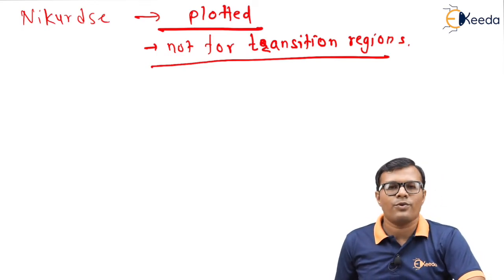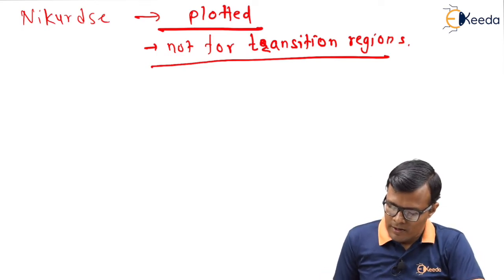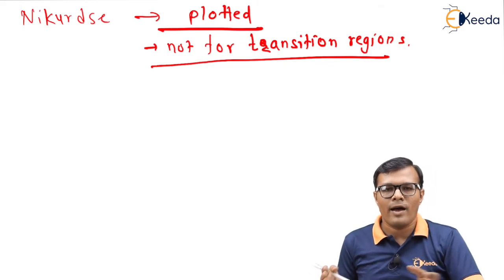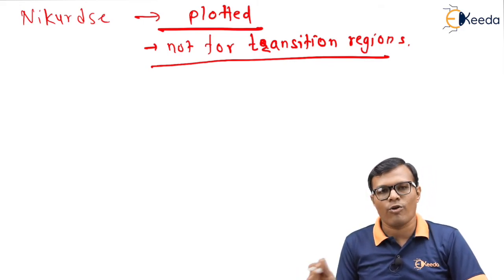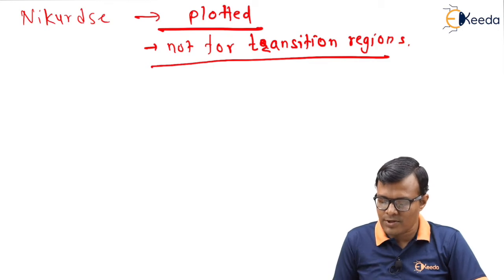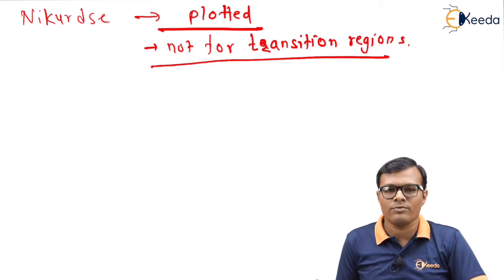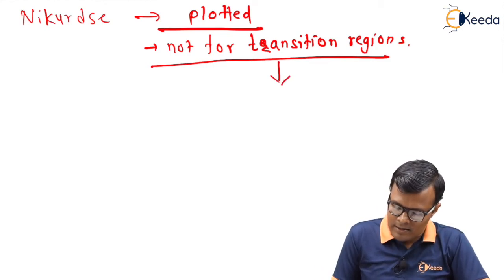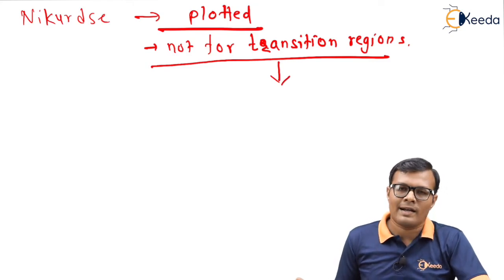So according to this, the diagrams plotted were the same as Moody diagrams, but they were not that efficient in transition regions. So another benefit of Moody diagram is that it is useful in transition regions also.